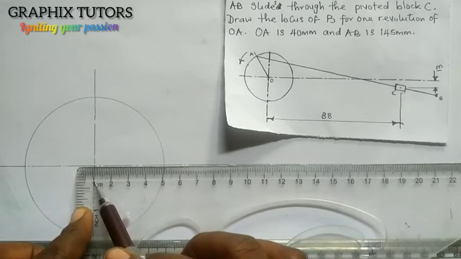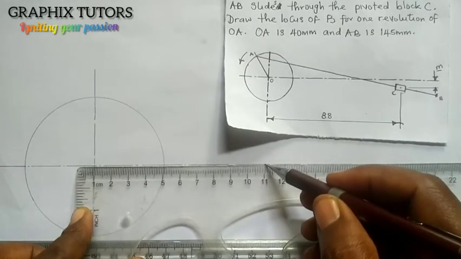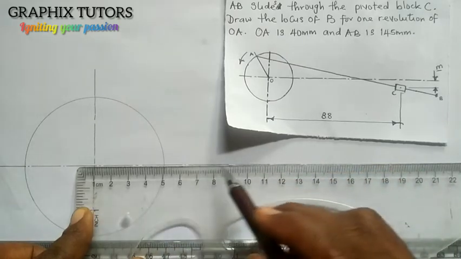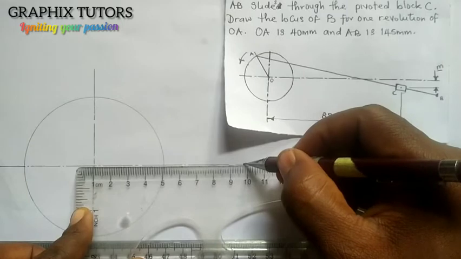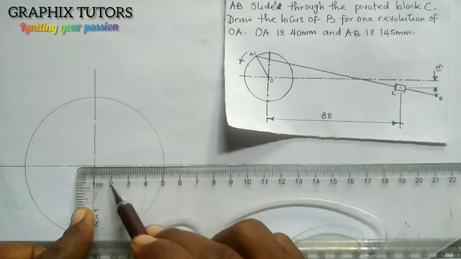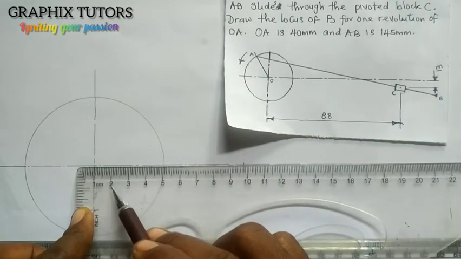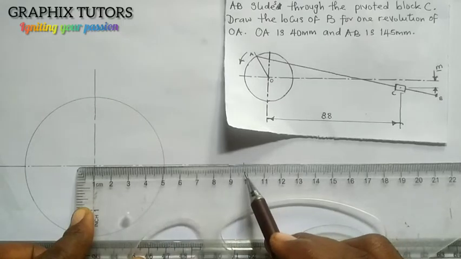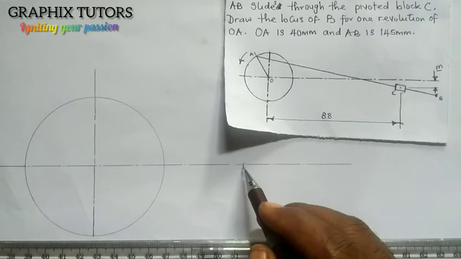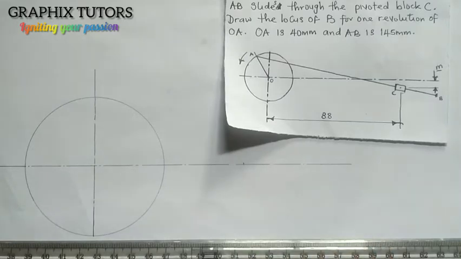From 1 to 11 is 100, and from 1 to 9 is 80, then this is 88 here. That is 0, 10, 20, 30, 40, 50, 60, 70, 80, 88. So my 88 stops there.